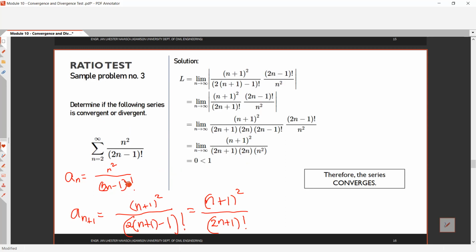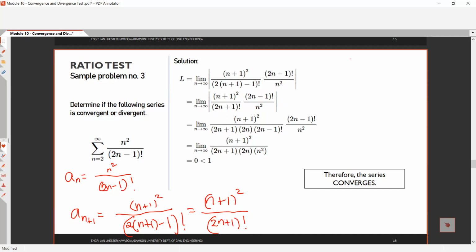Taking the ratio of a sub n plus 1 and a sub n, you have n plus 1 squared over 2 times n plus 1 minus 1 factorial multiplied by 2n minus 1 factorial over n squared. So yung 2n plus 1, mag-a-approach yan sa 2n minus 1, pababa mo lang yan.